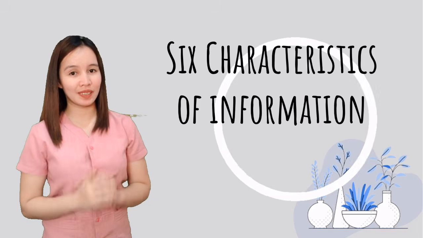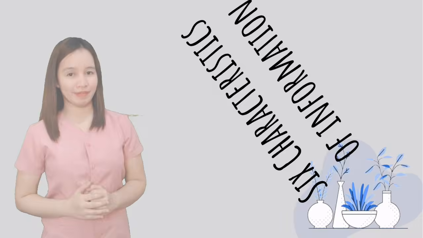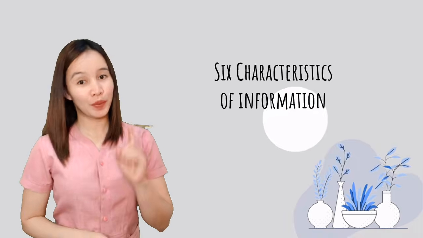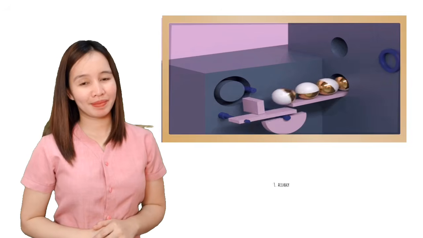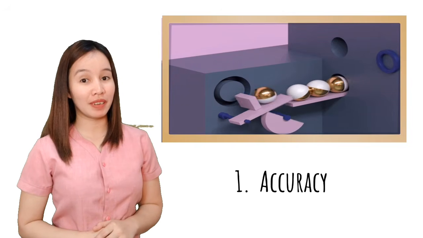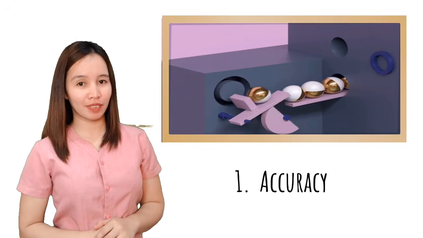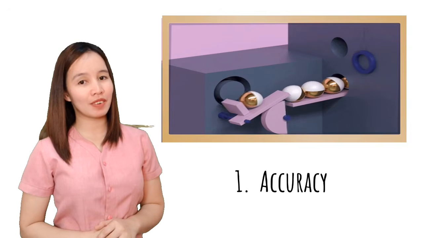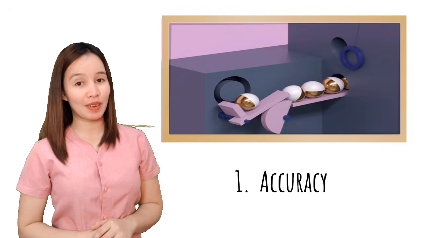In using the information gathered, whether they are primary, secondary, or tertiary, take note of the 6 characteristics information should have. Number 1, accuracy. Information must be reliable, useful, free from flaws or errors, and of high quality.